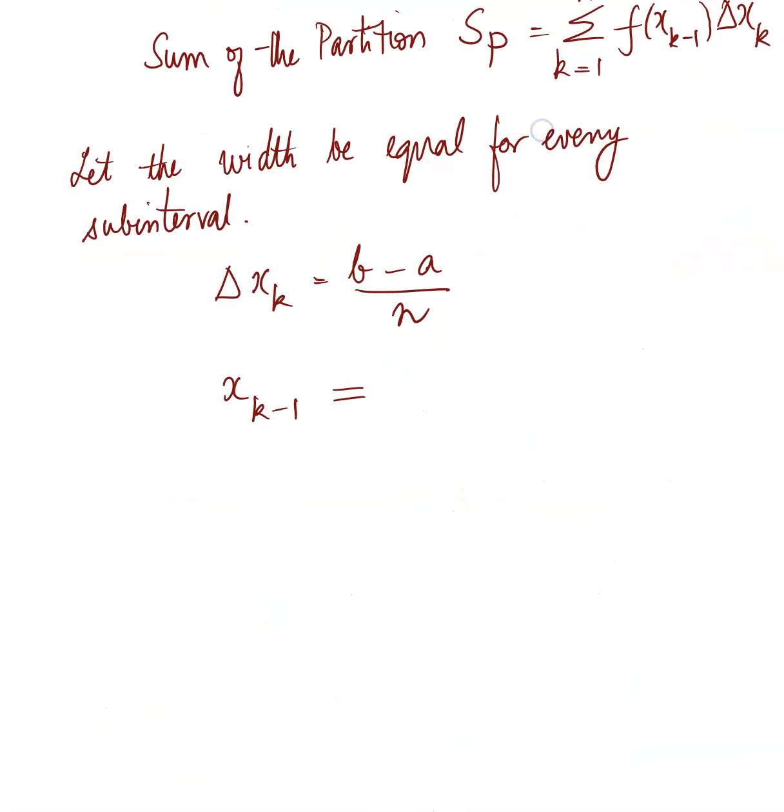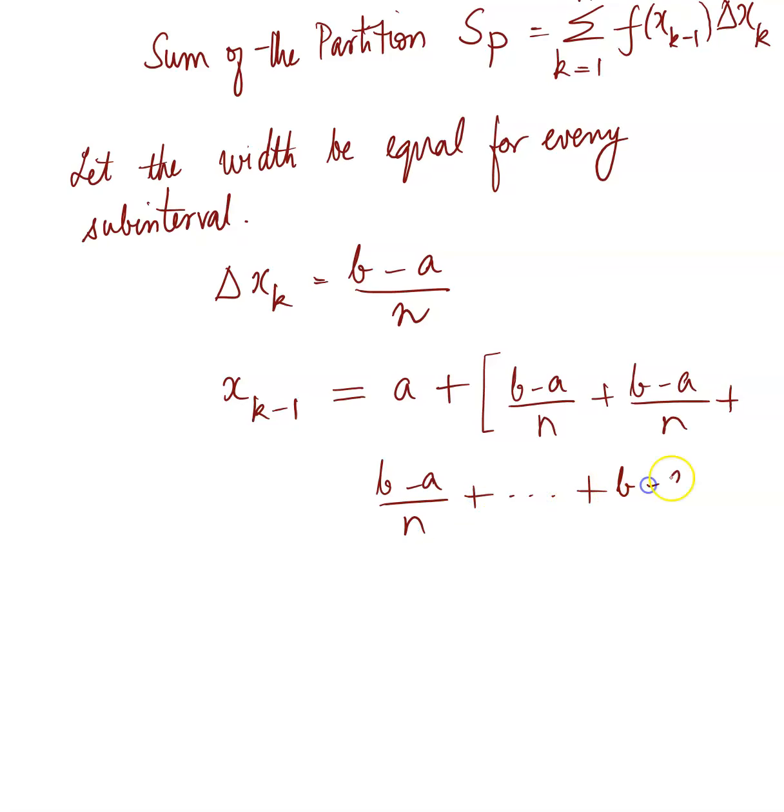So xk minus 1 will be a plus k minus 1 times b minus a over n. Okay, why? Because I'll just explain that here, and then simplify it. B minus a over n plus b minus a over n plus b minus a over n. This is what's happening.